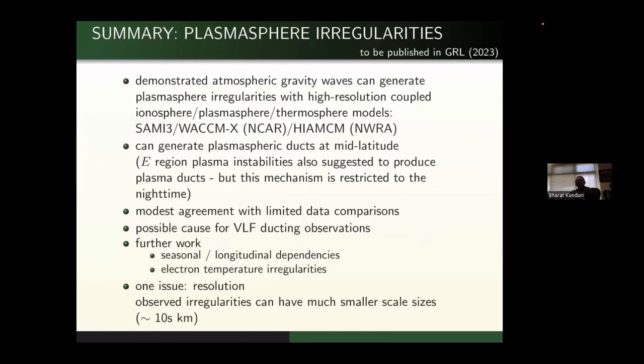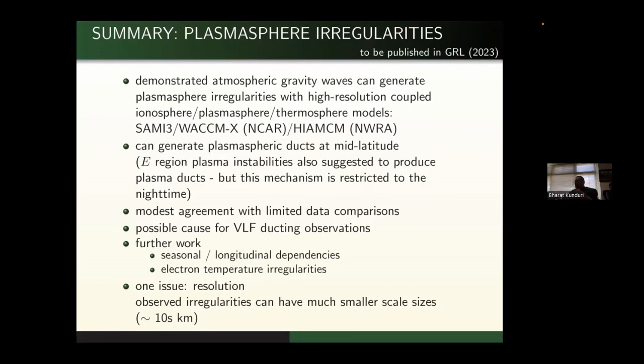Right. That's not me, but be that as it may, the one difference between these two models, the WACCM-X and the HIAMCM, is in these gravity waves I showed, the HIAMCM, they have vertical winds. Stuff's moving up and down vertically. And it can do that because it makes a non-hydrostatic approximation.